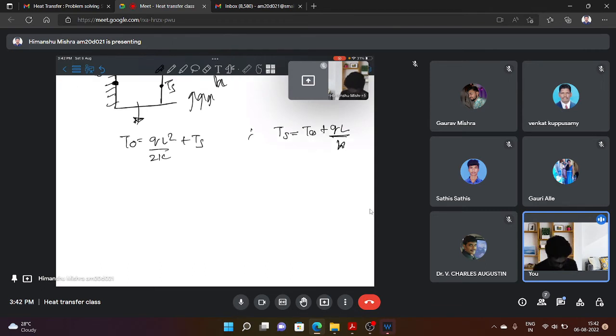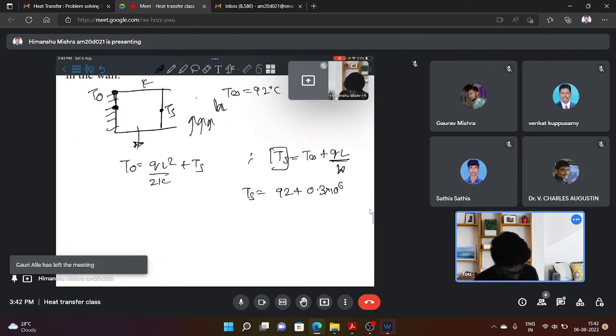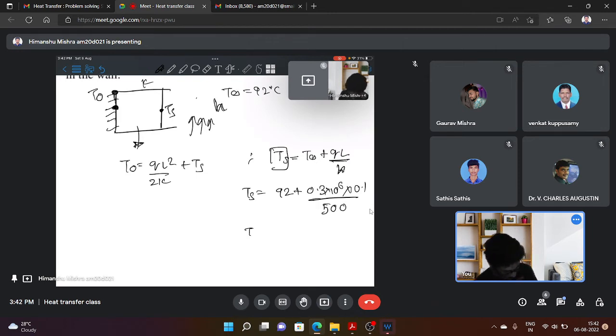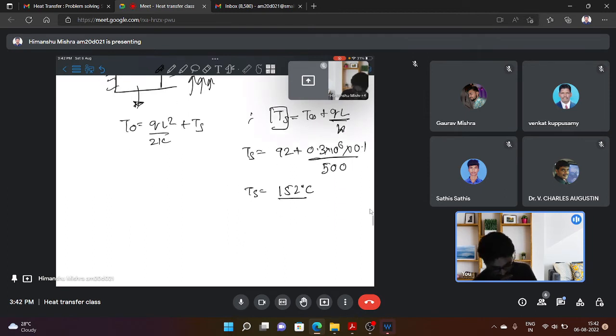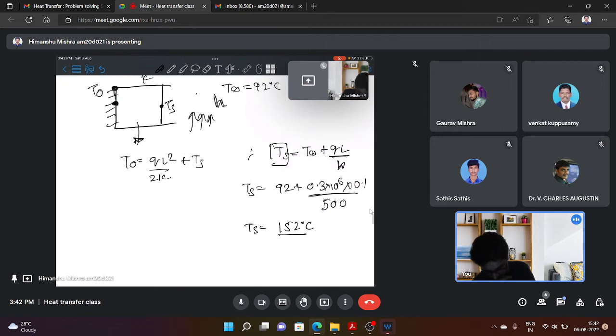We need to find the temperature Ts first, which can be given as, temperature Ts would be then 152, and then once we got the temperature Ts, we can find the T naught.